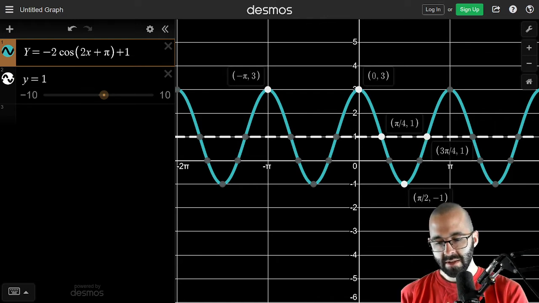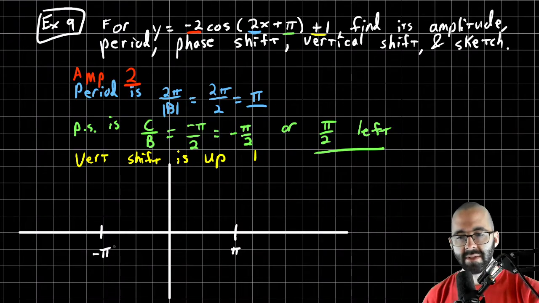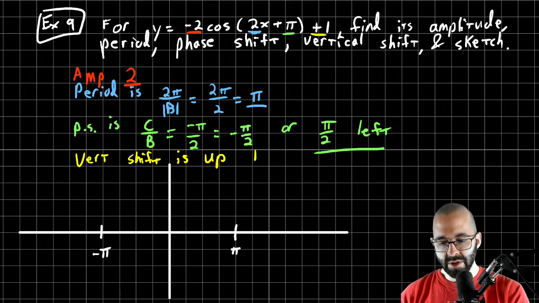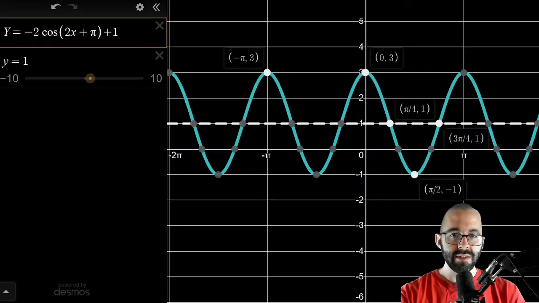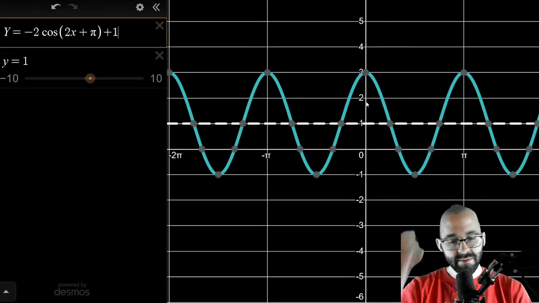Let's say this is pi, and this is negative pi. So there's 4 parts between it. That's really useful for when we graph things, because top, middle, bottom, middle is how these sine graphs work, or cosine graphs in this case.